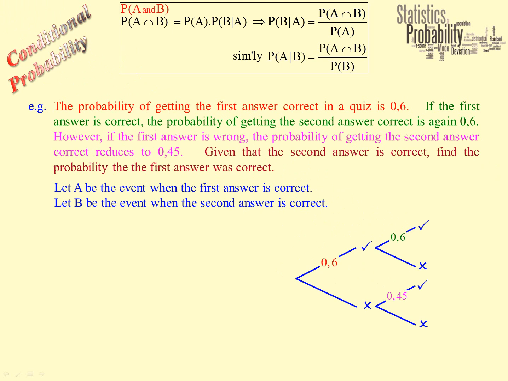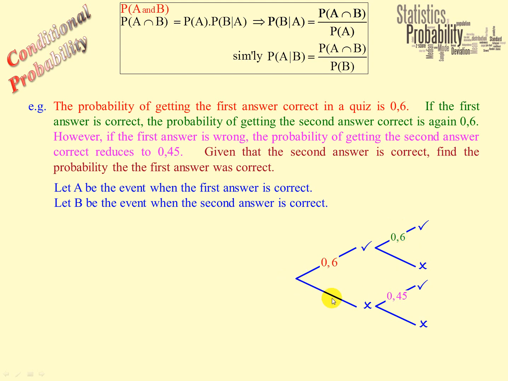There we are. The probability of getting the first answer correct is 0.6. If the first answer is correct, the probability of getting the second answer correct is 0.6. So there's the conditional probability.